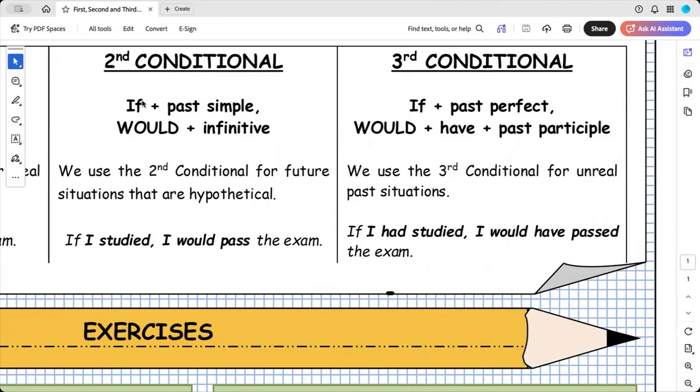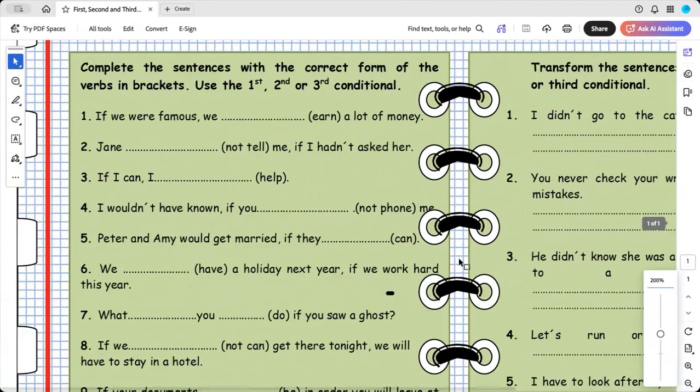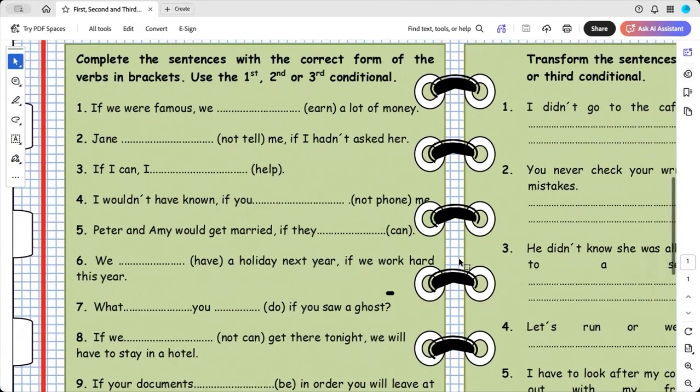Right, so what I want to do now is I just want to have a look at some examples. So what I recommend here is just pause this video and just try and do it. Just get a piece of paper and a pen and try and do the answers, and I'll go through them and see if you were right. Right, let's have a look. Number 1: if I were famous, what conditional is that?